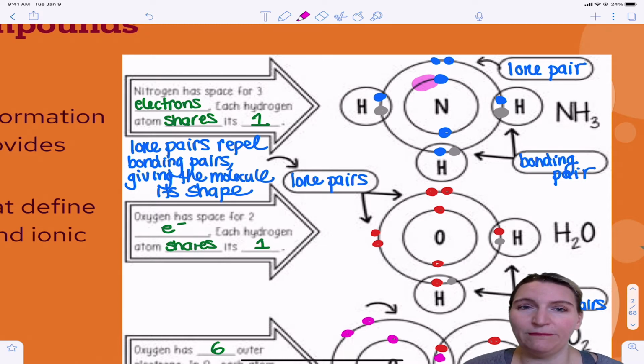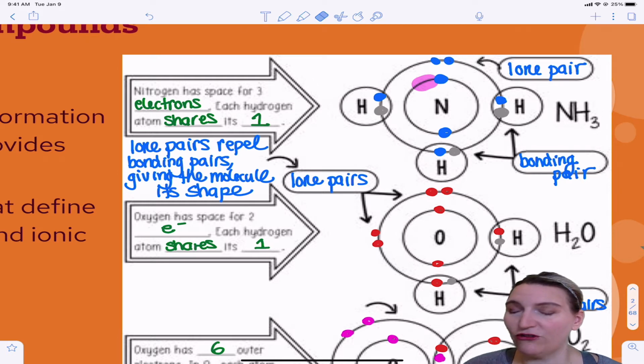Nitrogen, like every atom, is most stable when it has a full outermost energy level, and that includes 8 valence electrons. Since it has 5, it has room for 3 more valence electrons. How does it get those 3 more? Well, unlike in ionic bonding, it shares its electrons with, in this case, 3 hydrogen atoms.